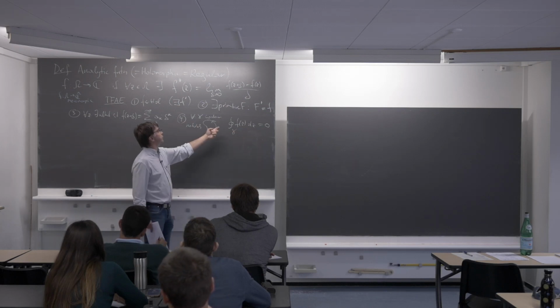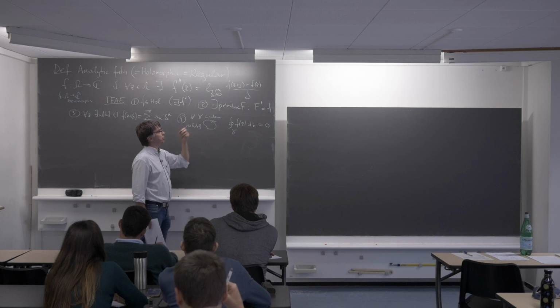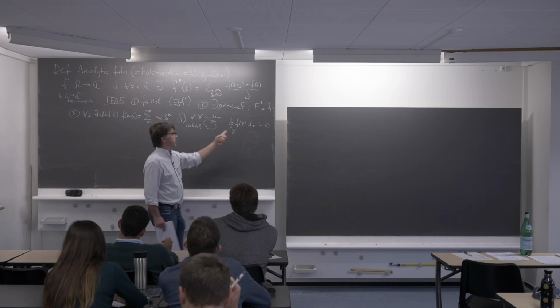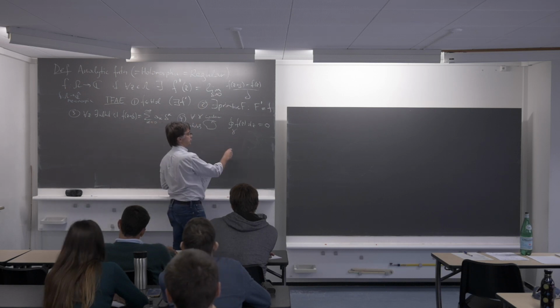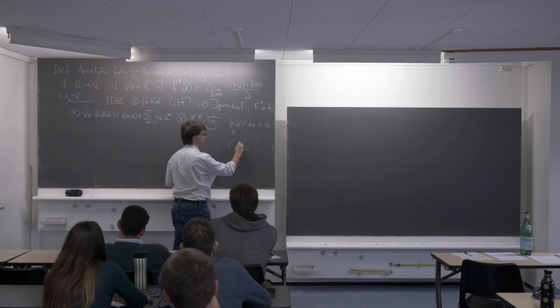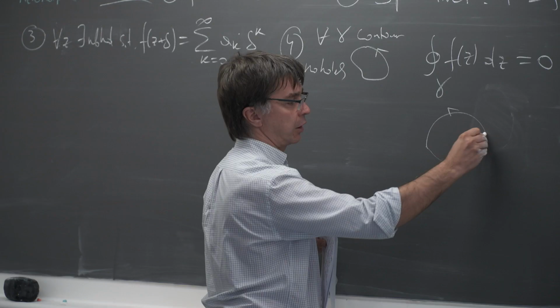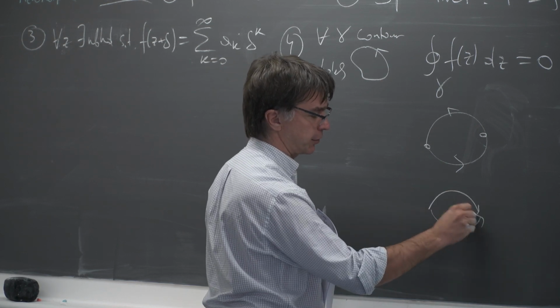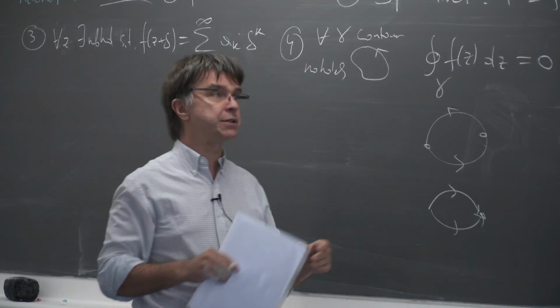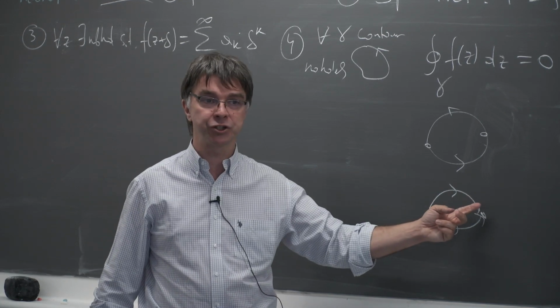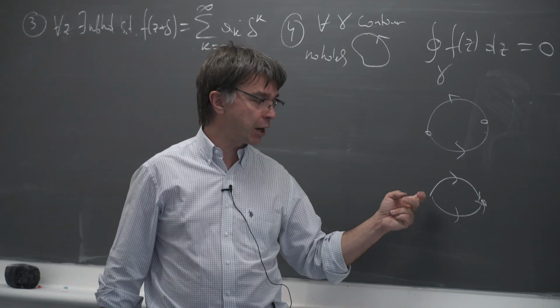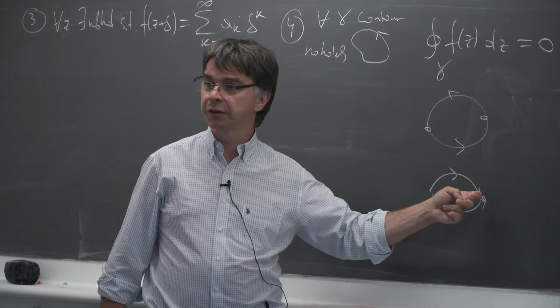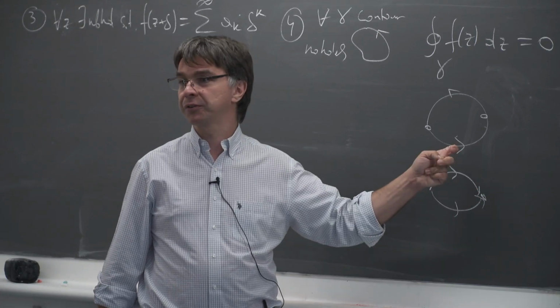Now, this property is related to the property of the primitive in the way that this integral being 0 means that integrals like this and integrals like that are the same. So it means that if you define a primitive of our function by integrating along some path from x to z, it's independent of the path.